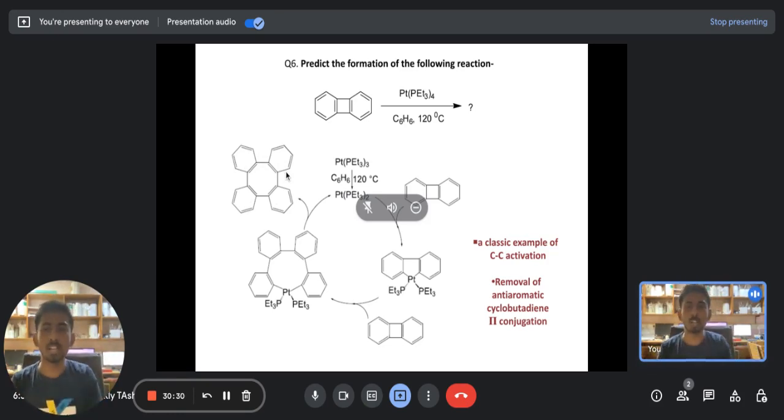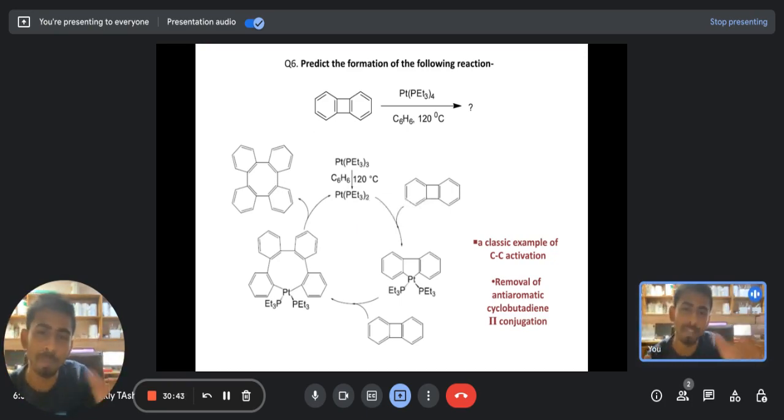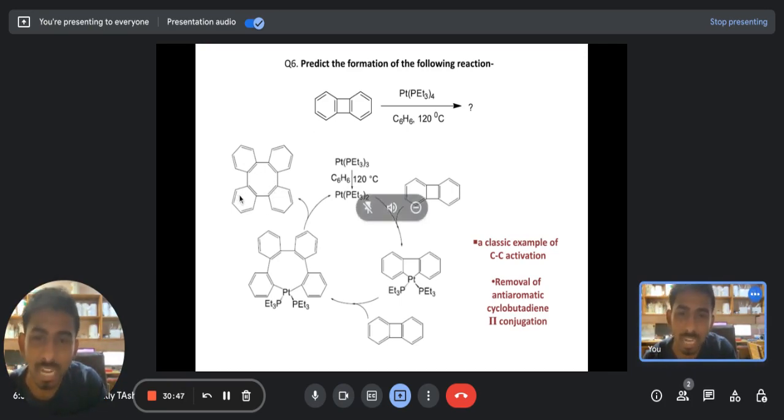So from cyclobutadiene, a 4n electron anti-aromatic system, by producing the cyclic benzene system, where these benzene rings are placed in the periphery of the molecule, they are producing this stable molecule. This is the driving force, the removal of anti-aromatic cyclobutadiene pi conjugation.